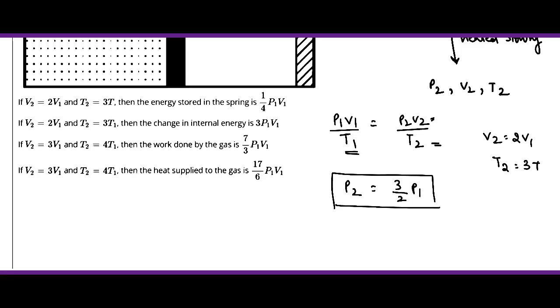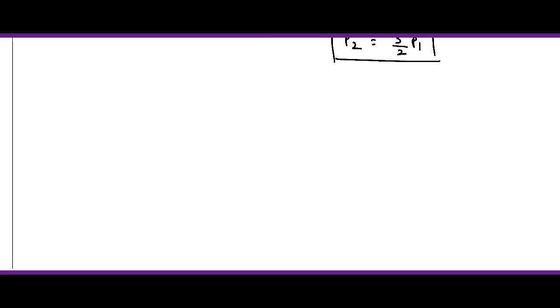Now the change in internal energy, we all know that delta U is given by f by 2 nR delta T. Here f is the degree of freedom, and in the question they are saying that my gas is monatomic, so the value of f is 3.